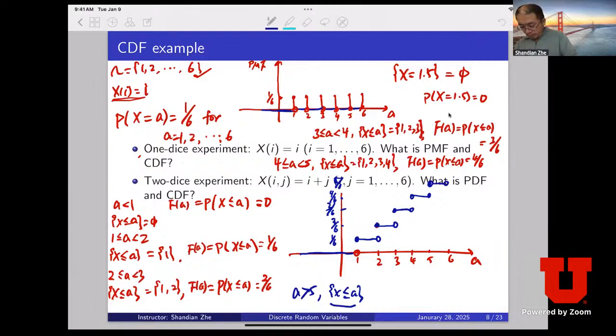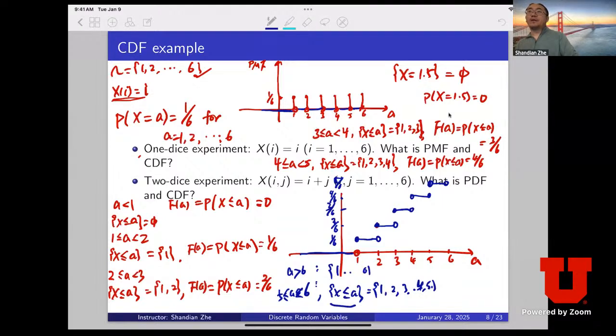Sorry, we should think about it with A between 5 and 6. It will include 1, 2, 3, 4, 5, right? But eventually, when A is bigger than 6, it will always include all the 6 points, 1 through 6.